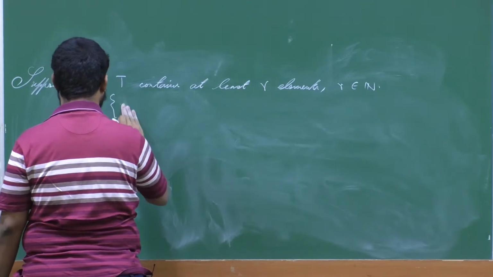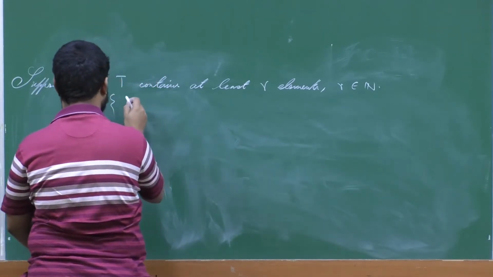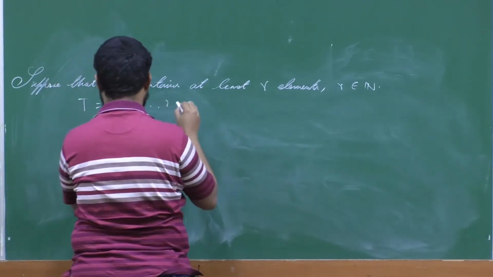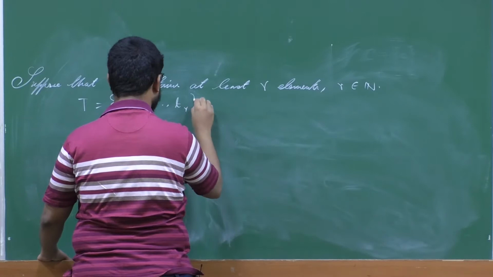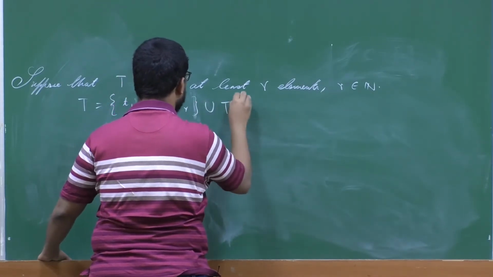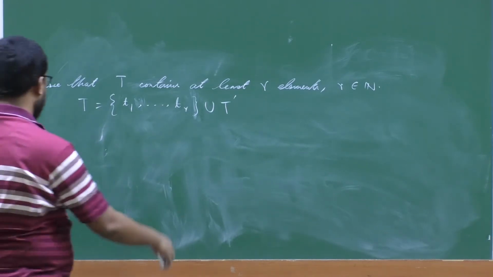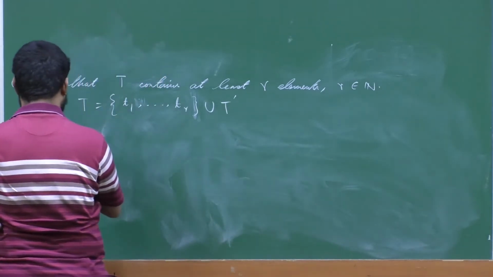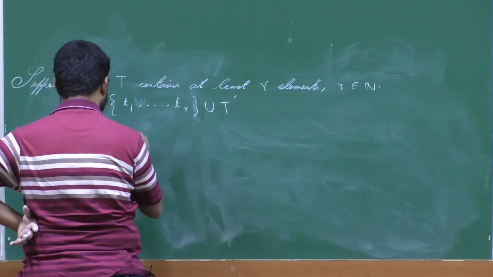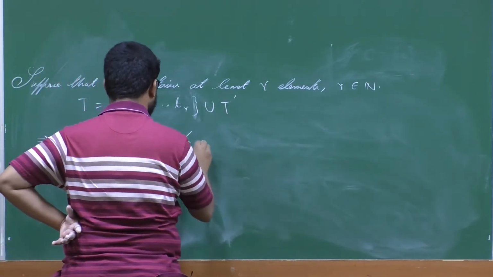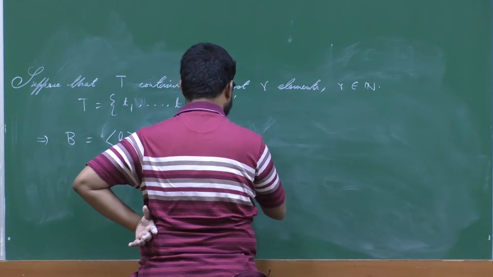Let those r elements be, maybe I should change the notation a bit, t1 up to tr, and then whatever is the rest, let us denote that by T'. All right. So, if this is the case, then it follows immediately that B is basically the direct sum of the subgroup generated by t1 up to tr and the subgroup generated by this subset T'.